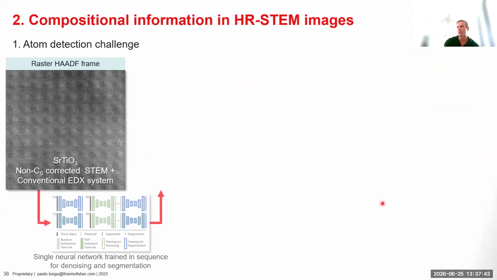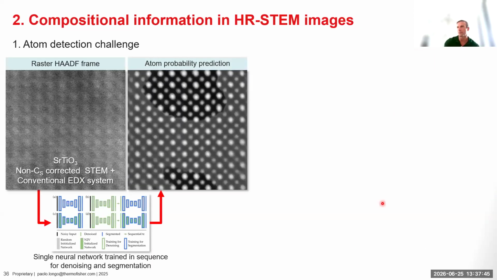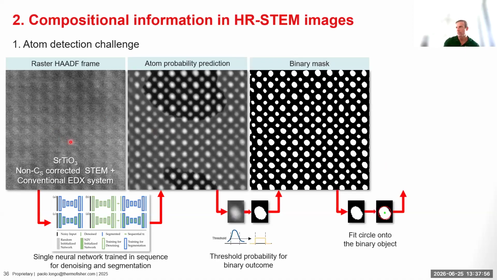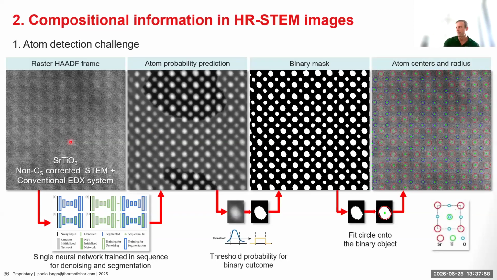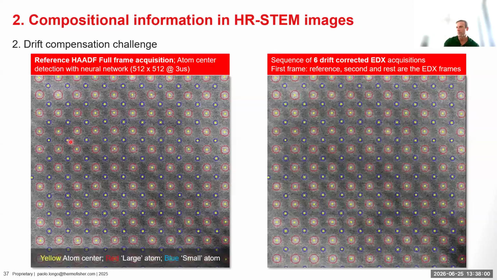The way it was done in the specific case, again, we see here. First of all, you have to create an atom probability prediction map. You can see that the contrast follows the original image. Then you put a binary mask here so you can identify the columns. At this point, you know exactly which columns are strontium and which columns are titanium.